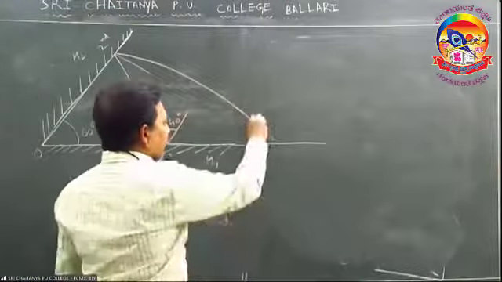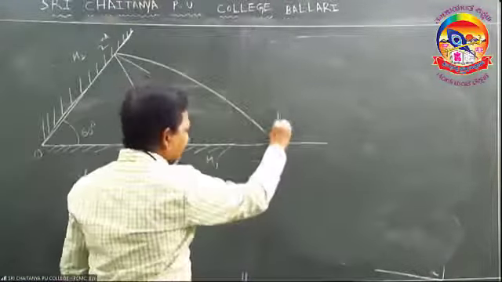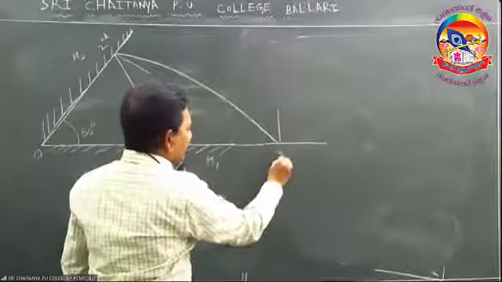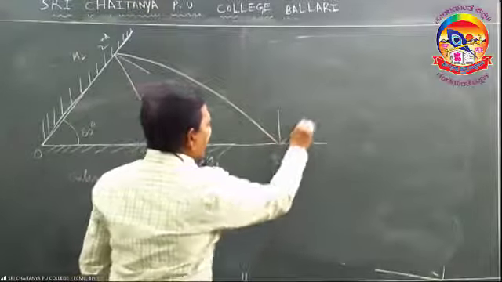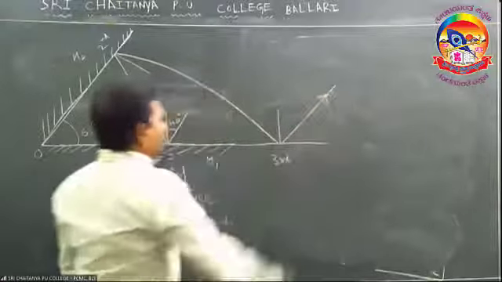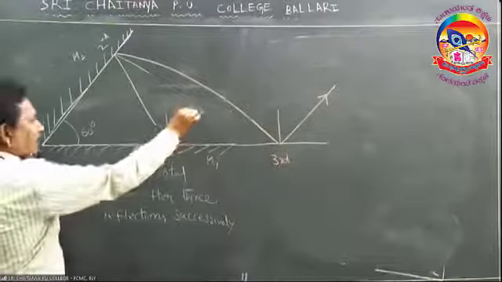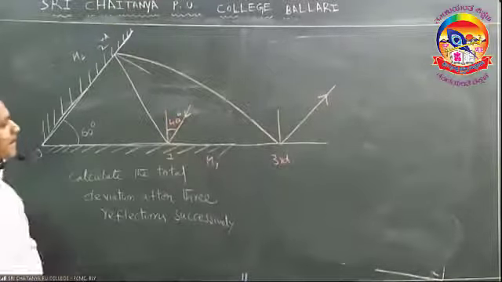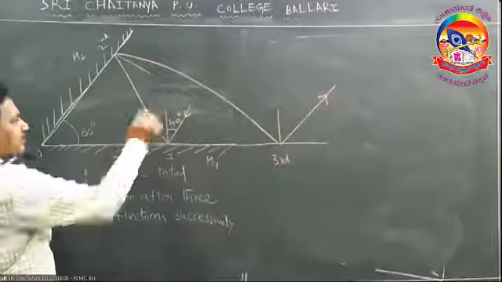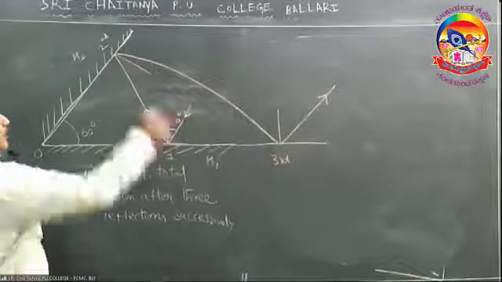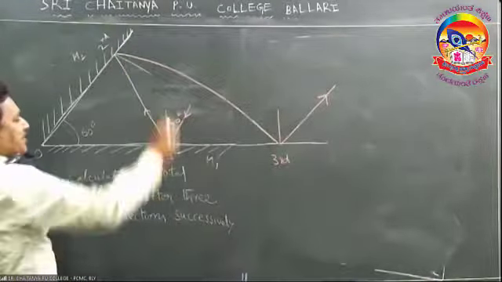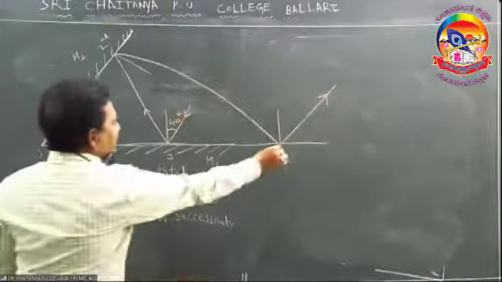For the third reflection, this is the normal, and this is the third reflection. This is the diagram: the first light ray falls, reflects, falls, reflects, falls at the first mirror.